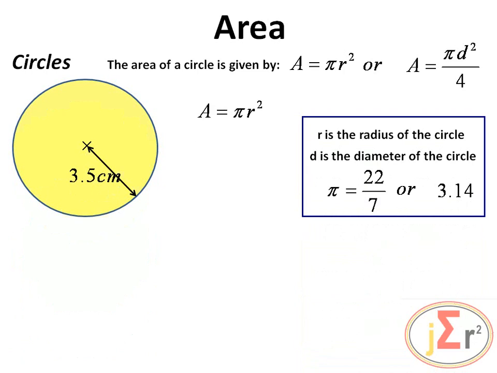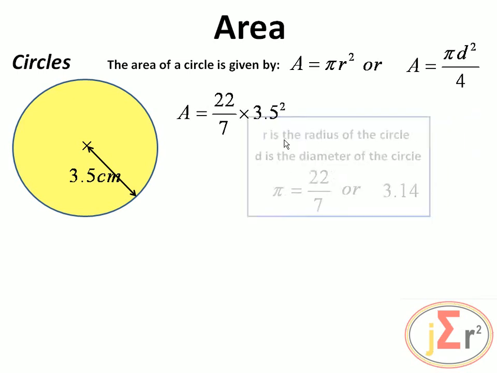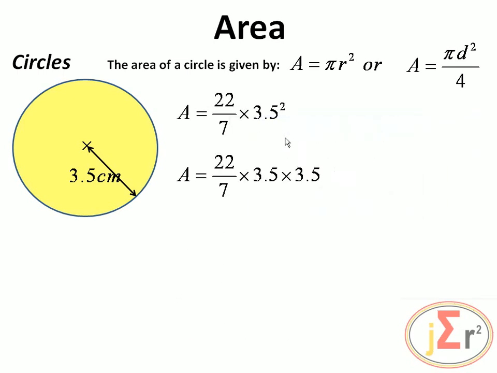So A is equal to pi r squared, and of course pi, 22 over 7, multiplied by the square of the radius. And of course the radius squared means that we are multiplying the radius by itself, as we have right here. So we are going to do some reduction of fraction, in which we know that 7 divided by 3.5 is 2, because of course 3.5 is half of 7.